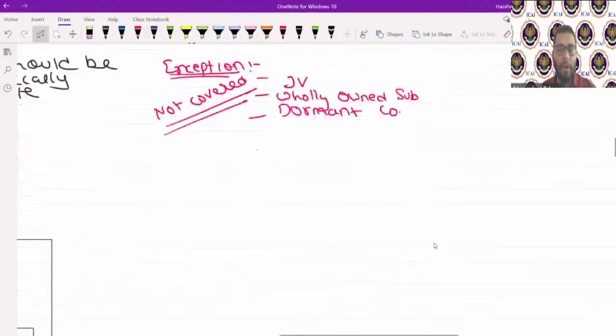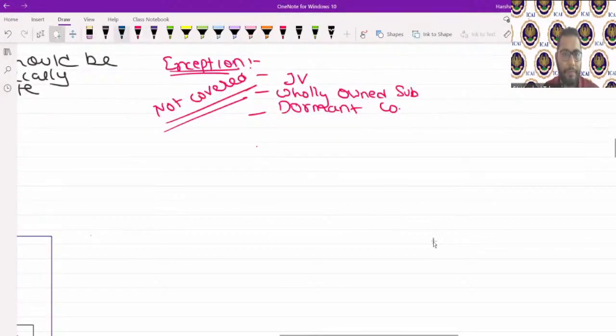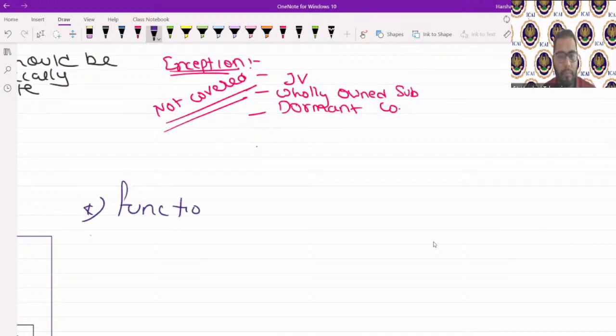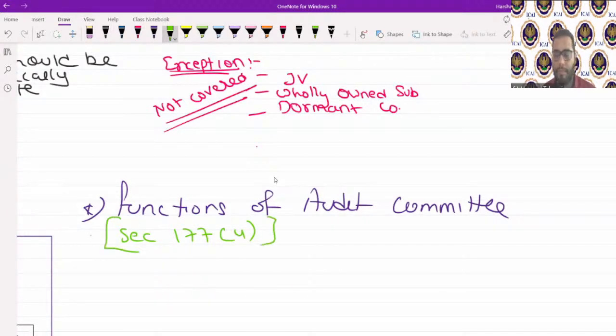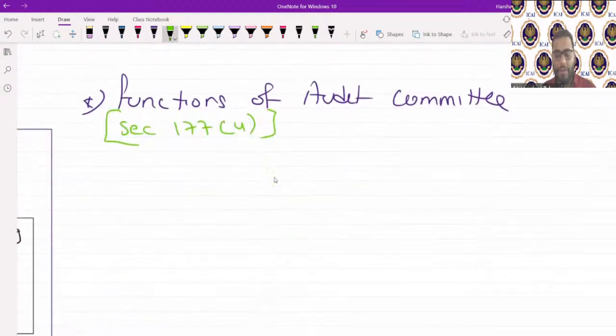Section 177 subsection 4 talks about the functions of the audit committee.